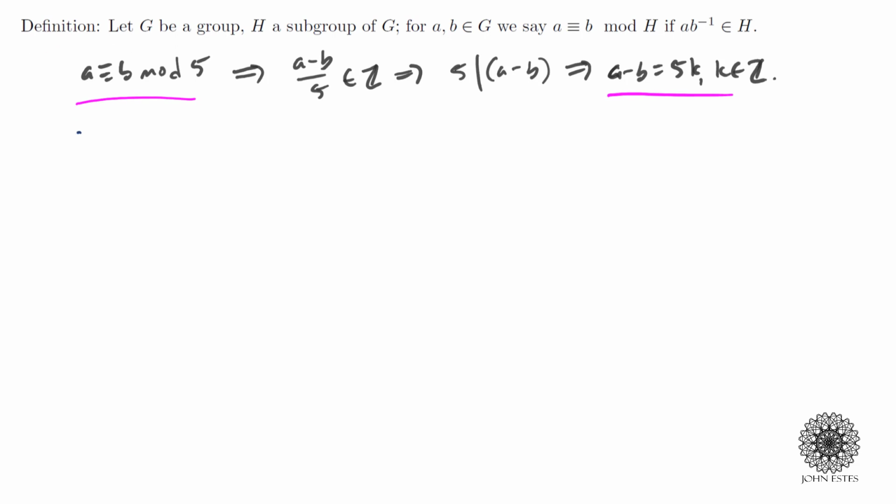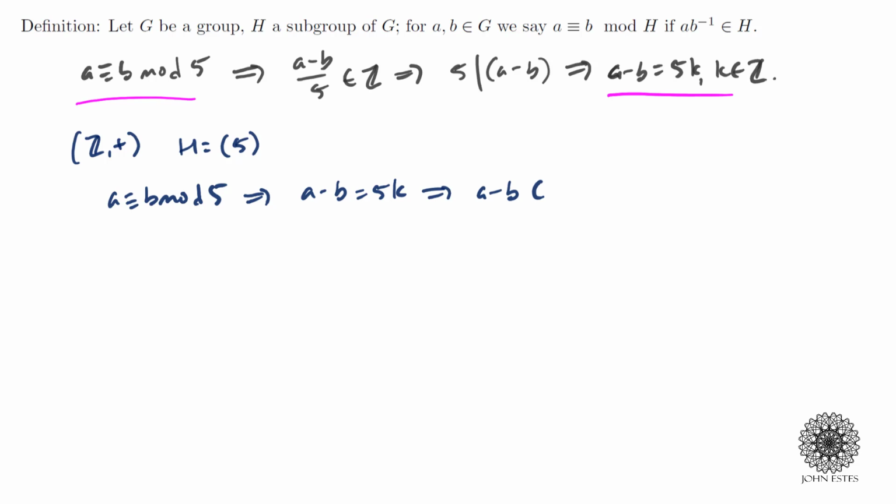So if you take the integers with addition, and I let my subgroup be, let's say, the cyclic subgroup generated by 5, so these are all the multiples of 5, then when I say a is congruent to b mod 5, notice that means a minus b is 5k for some integer, or in other words, a minus b is a multiple of 5. So a minus b is in the cyclic subgroup generated by 5.